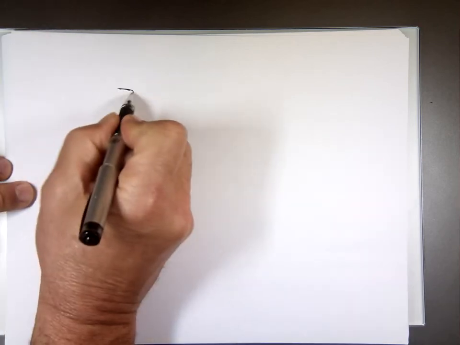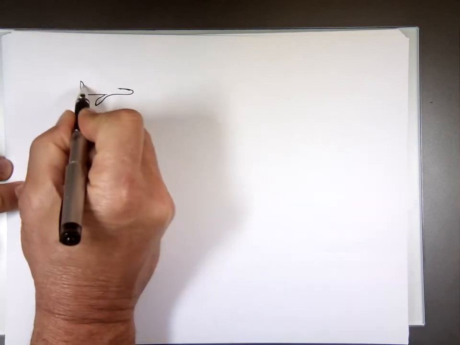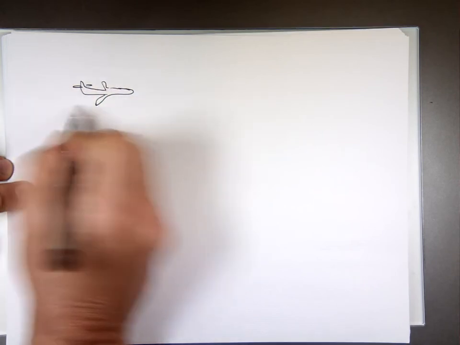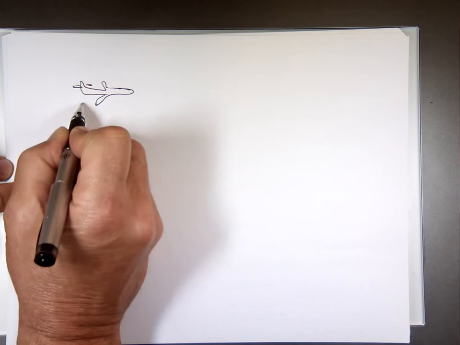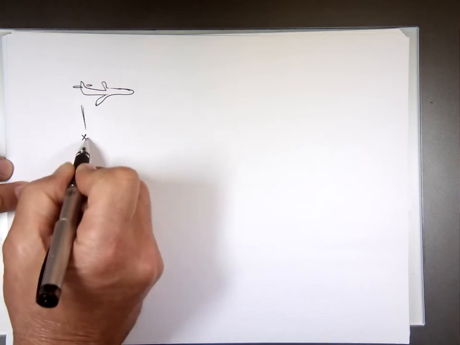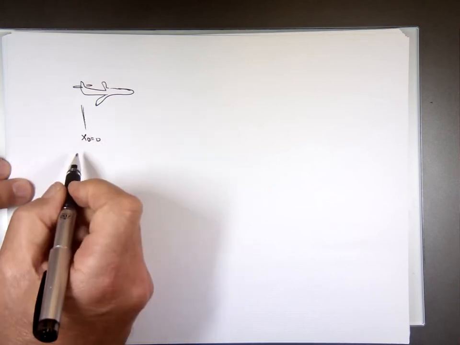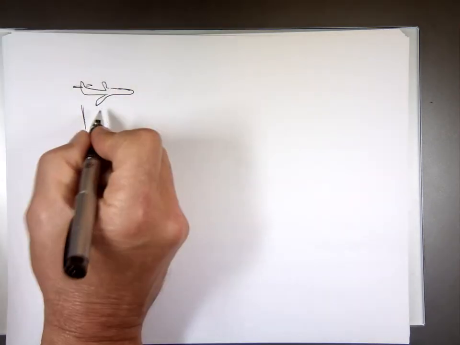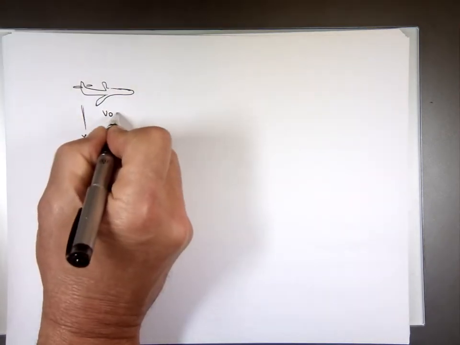Here's the plane's going to take off. Initial velocity here, this is starting from here, so that's your x0, which is 0. Initially the plane is sitting on the runway. So what's your initial speed? V0 is equal to what? 0.